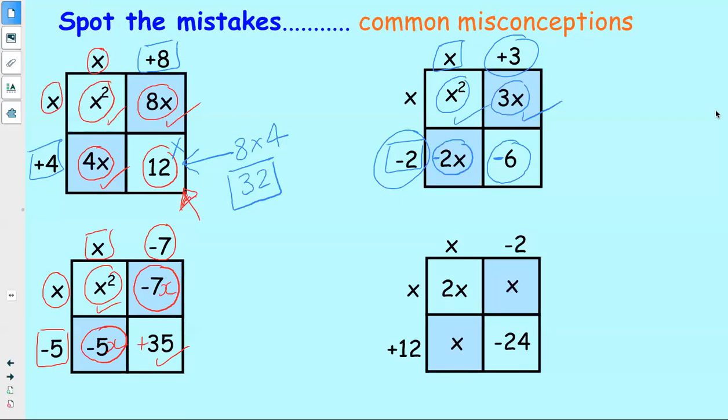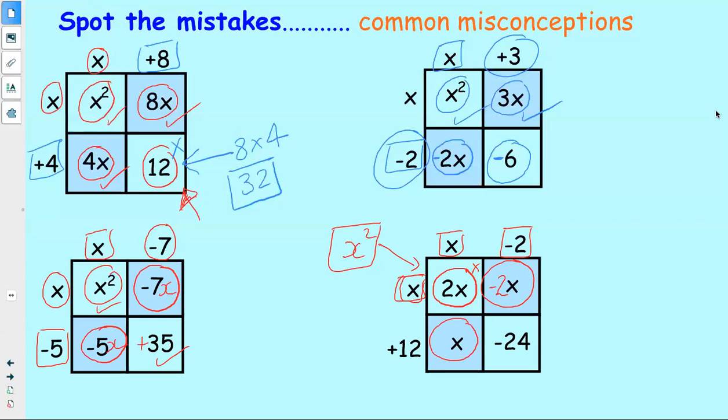Again, another very common misconception, 2x. What someone has done here is they've added the x and the x instead of multiplying. That is not right. x multiplied by x is in fact x squared. So that's wrong at the moment. This one here, you're meant to do negative 2 multiplied by x, so it should have been negative 2x.